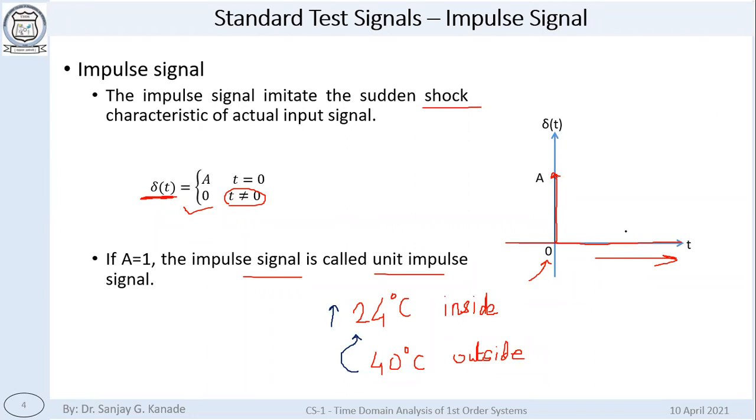And the nature of these disturbances is what we are now trying to study. If some particular type of disturbance comes in, what happens? The test signals are actually going to act as disturbance signals. So let's say someone is sitting near the window, and the window is closed all the time, and suddenly he opens up the window fully, completely.